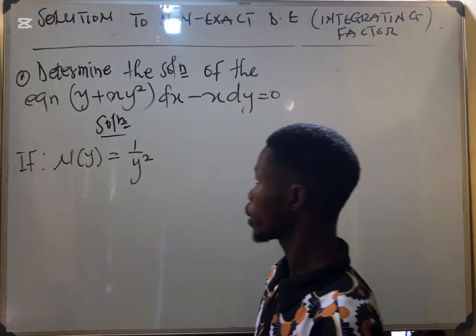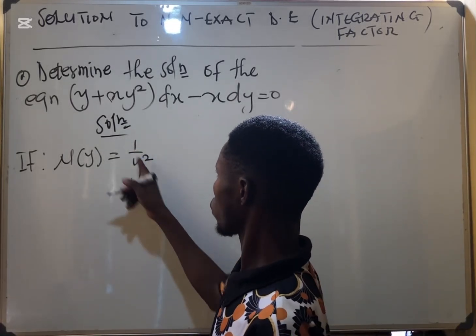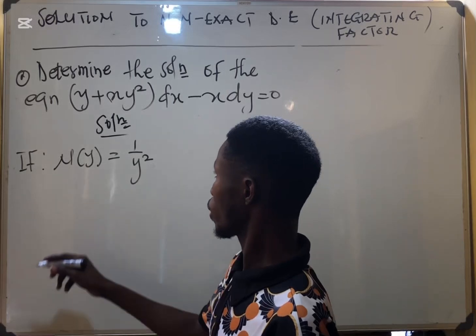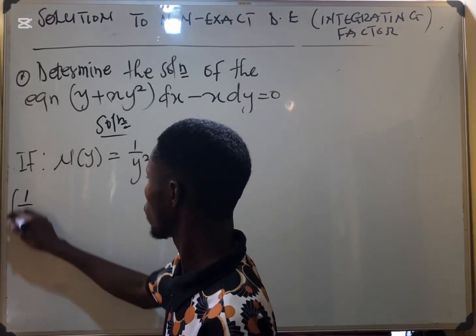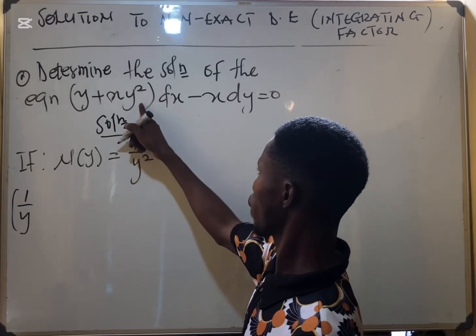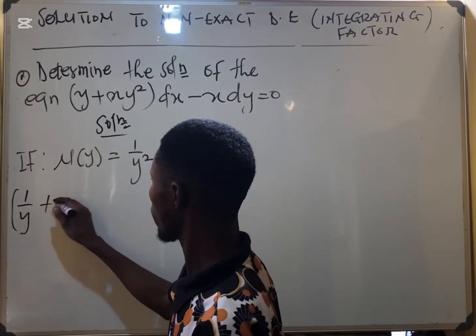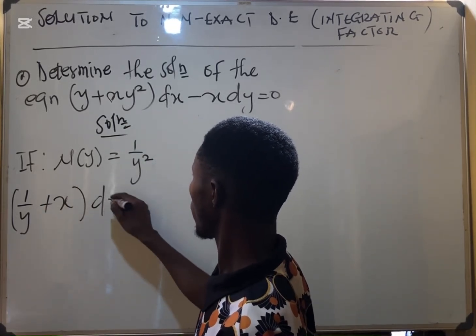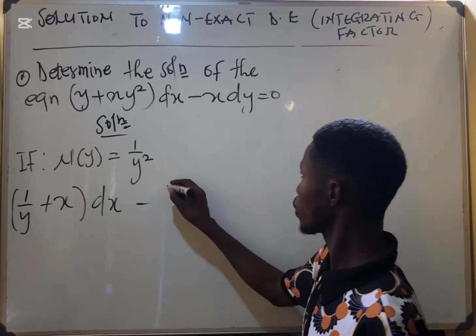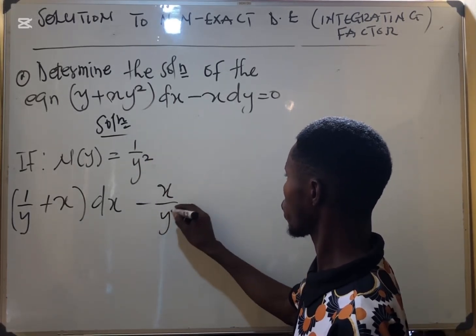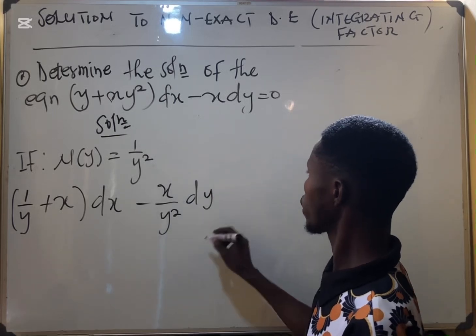So let's do that. 1 over y squared multiplied by y, that will give us what? 1 over y. 1 over y squared multiplied by this will give us x, and this is the dx, minus 1 over y squared multiplied by this will give us x over y squared, and that is the dy.